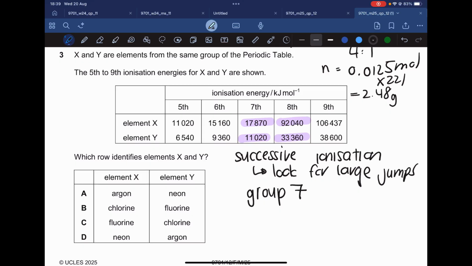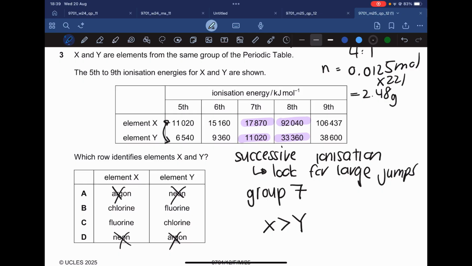We're saying that this 8th one is the hardest one to remove. That means there are 7 on the outermost shell. Then we can take out argon and neon. So we're looking at determining whether it's chlorine or fluorine. In order to decide between these two, X's ionization energy is much greater than Y's.